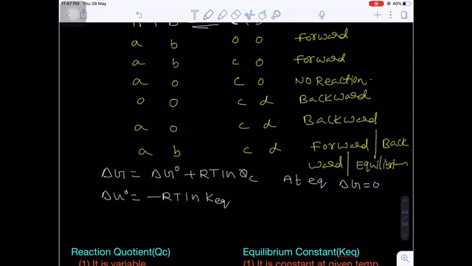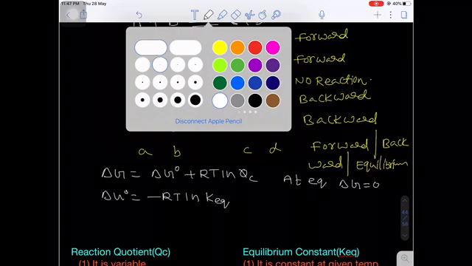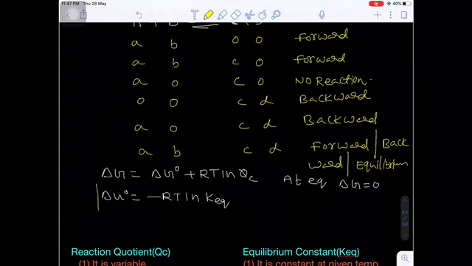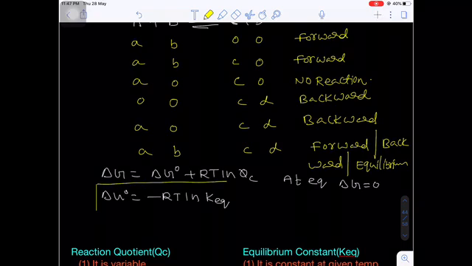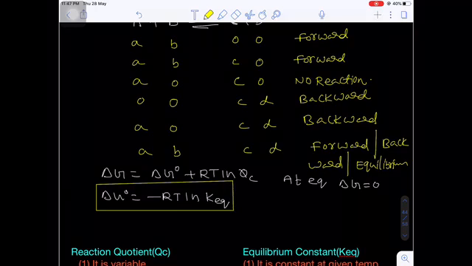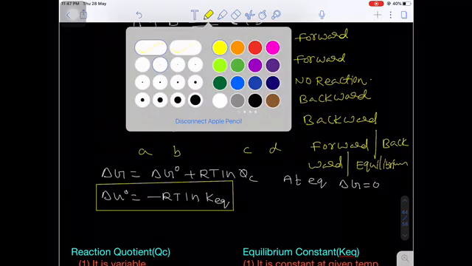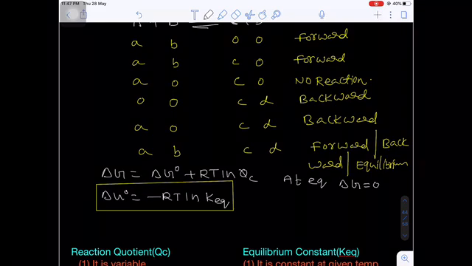Now this is a very important relation between the change in Gibbs energy under standard conditions and the equilibrium constant. This is the ln. If you convert the ln into log, we have to multiply it by 2.303.